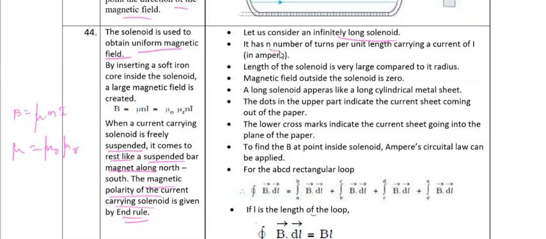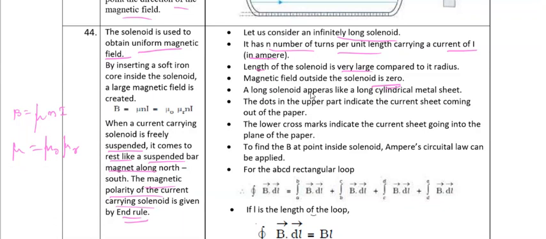It has n number of turns per unit length, carrying a current of I, that is in ampere. The length of the solenoid is very large compared to the radius. The magnetic field outside the solenoid is always zero, note this point.